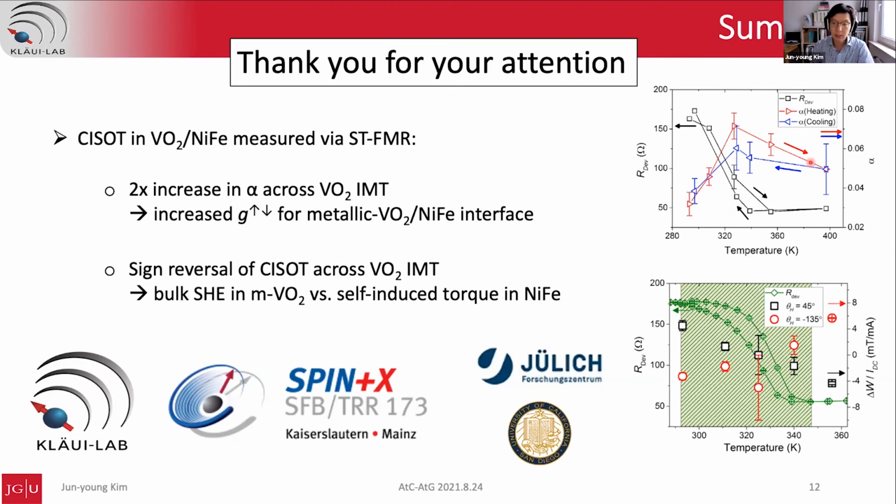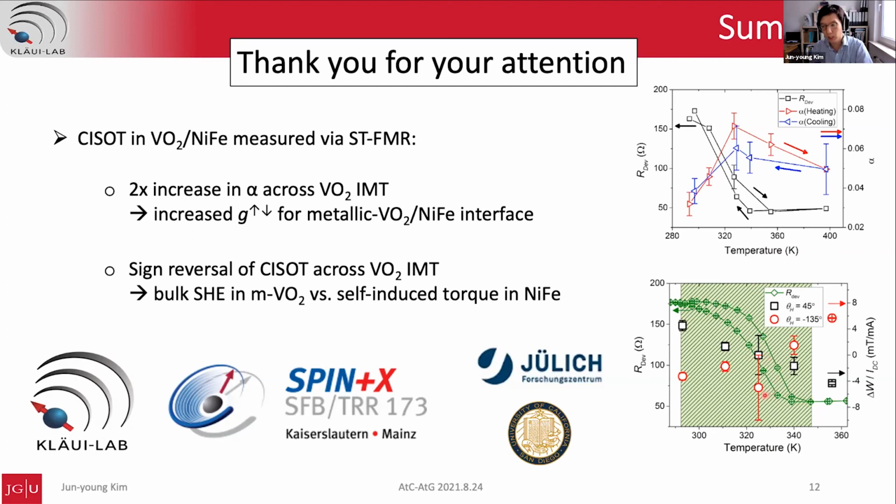But since the temperature is changed by the Peltier element right underneath the sample, and the temperature is measured on top of the Peltier element next to the sample, we expect the sample temperature to be very similar to what we measure. But there could be something, as the STFMR measurement includes a fairly large current into the strip, so the temperature at the sample could be a bit different, as we actually observed.